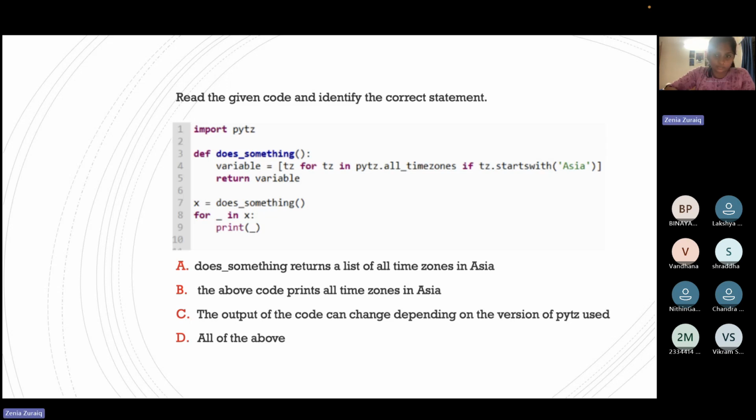Okay, C. Okay, B, C, D, I can see all three answers. Any other answers?